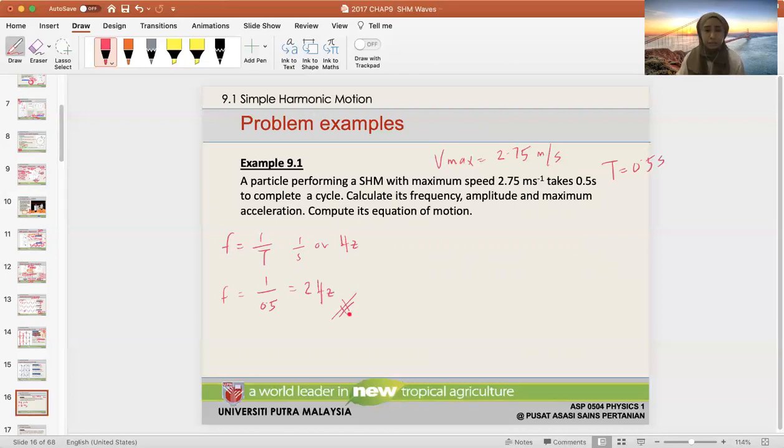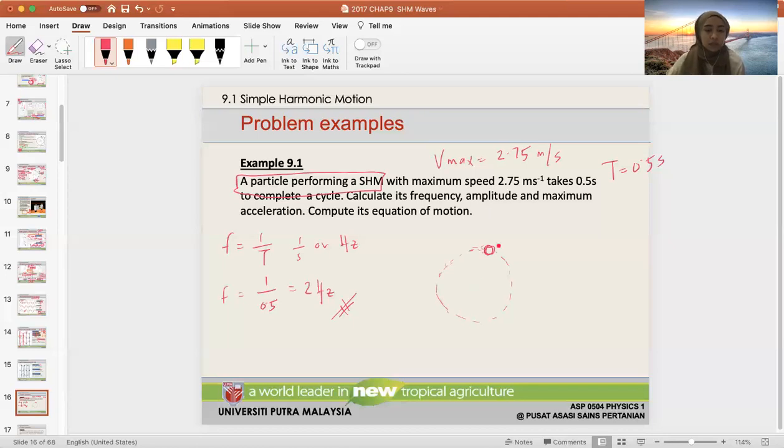What is the amplitude? So here, let's imagine the particle performing a simple harmonic motion. Boleh buat rotation, boleh buat back and forth, but let's do the rotation. Okay, because this one is easier.